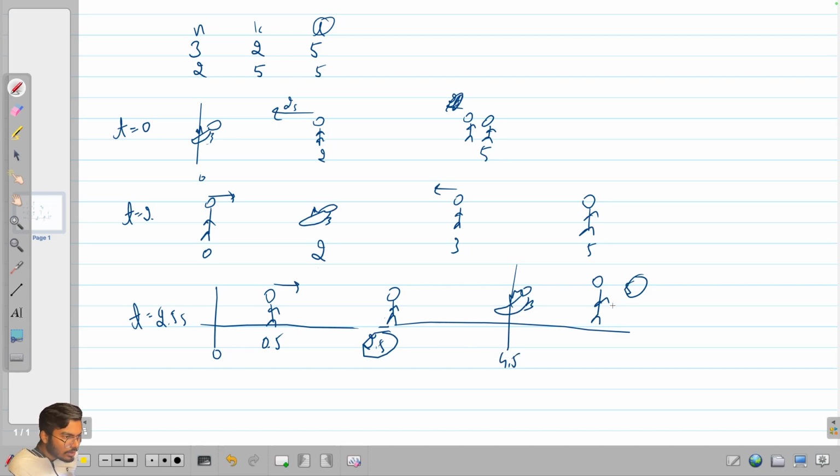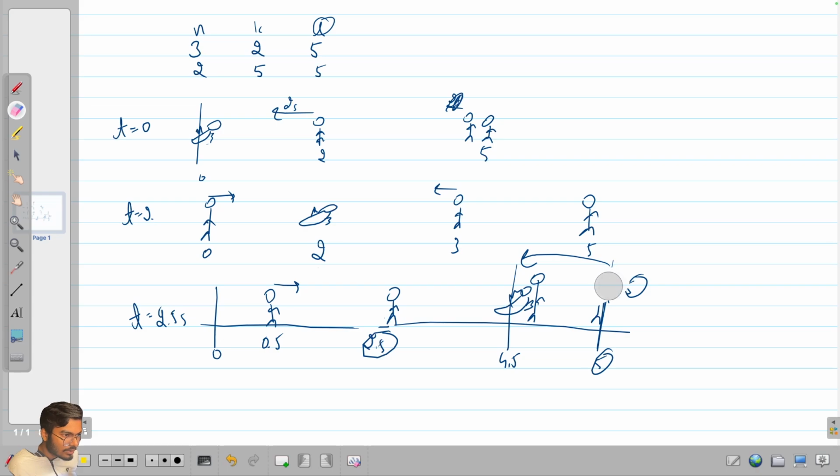Now this fifth one, which was at position 5, has 2.5 seconds, and in these 2.5 seconds it can go here or it can go here. Obviously it has to go leftwards to make this move, right? So it can go 0.5 units leftwards and stop here, waiting for this to come at 0.5.